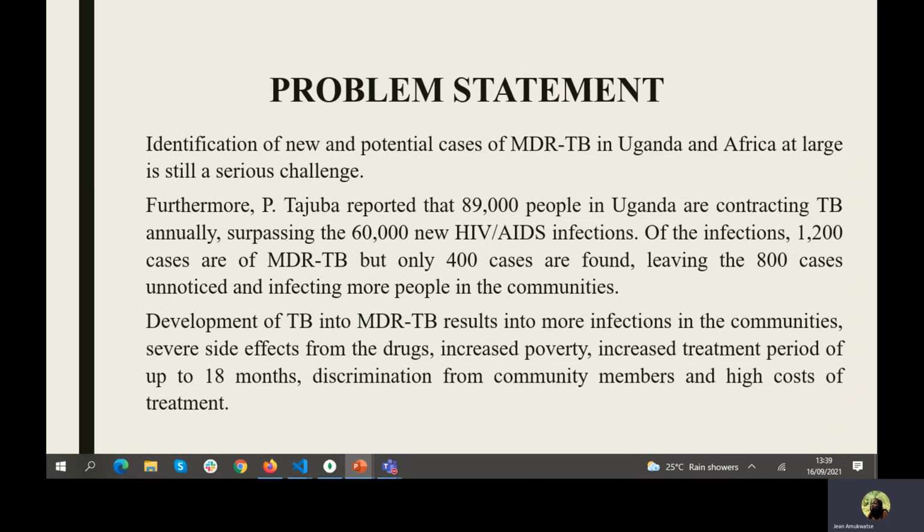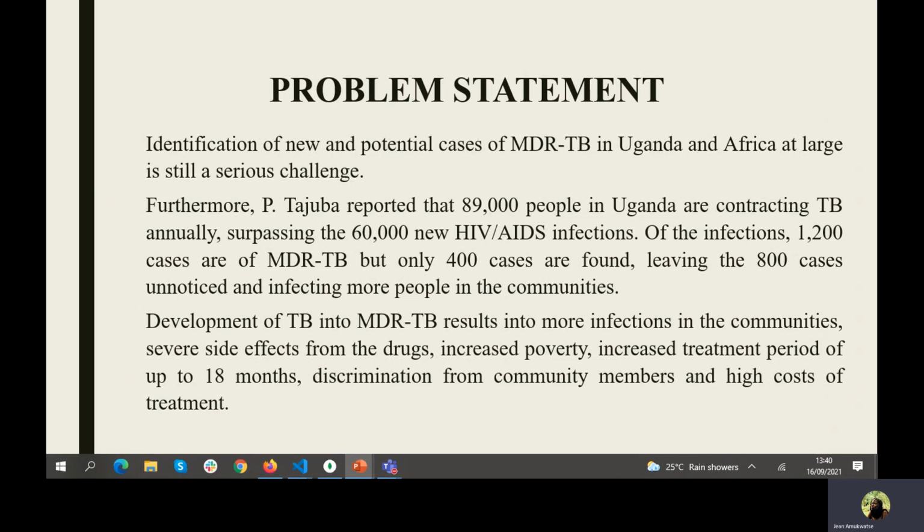These are also coupled with severe side effects from the drugs when they are still administered to you, yet you are an MDR TB case, and increased poverty, because the cost of those drugs is not cheap.